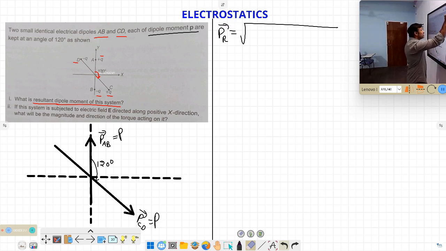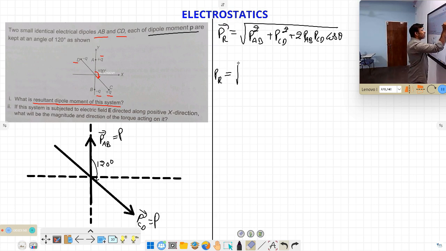First I write the formula: PR squared is equal to PAB squared plus PCD squared plus 2 times PAB times PCD times cos of the angle between them. In terms of magnitude, PR is the square root of P squared plus P squared plus 2 P into P cos 120 degrees.